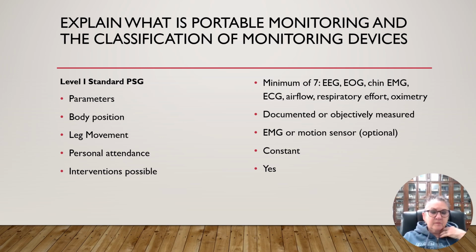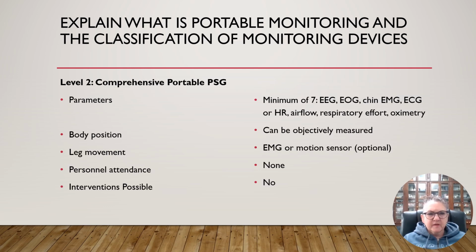The body position must be documented or objectively measured. Leg movement can be monitored by EMG or a motion sensor, but this is considered optional. A personnel attendant is constant and available during the PSG, and intervention, like CPAP, should be possible.